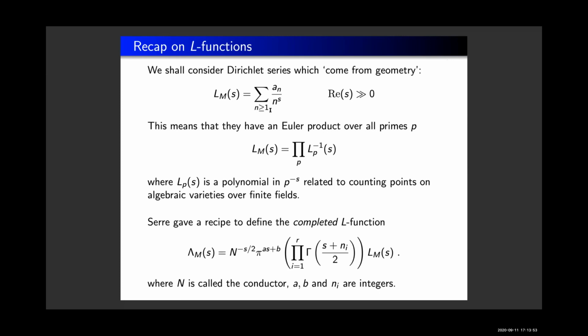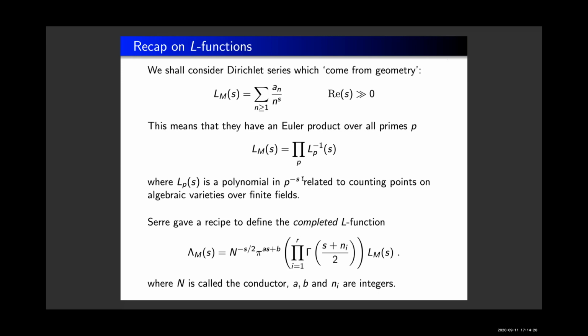But the ones that come from geometry are Dirichlet series, so sum a_n over n to the s, with the property that they have an Euler product, a factorization over all primes, where each factor is the inverse of essentially a polynomial in p to the minus s.